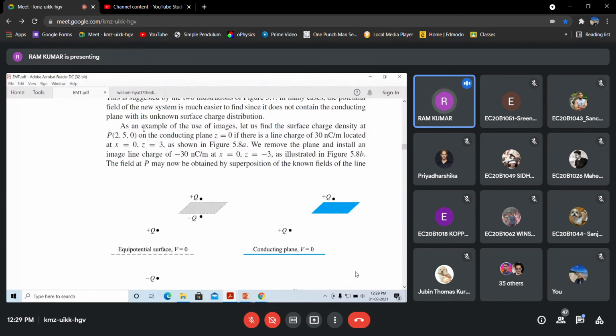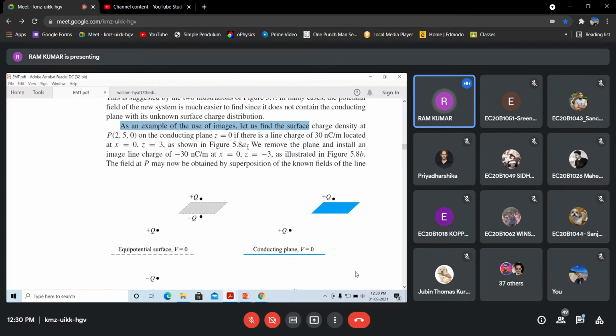Take this example. We have to find the surface charge density, rho s, at the point P, which is given as (2, 5, 0). So we have to find the surface charge density at this point on the conducting plane z equals 0. They are given a line charge of 13 nanocoulomb located at x equals 0, z equals 3.